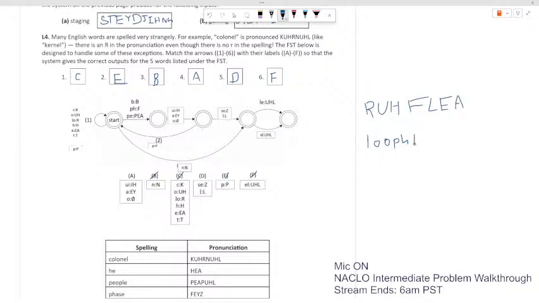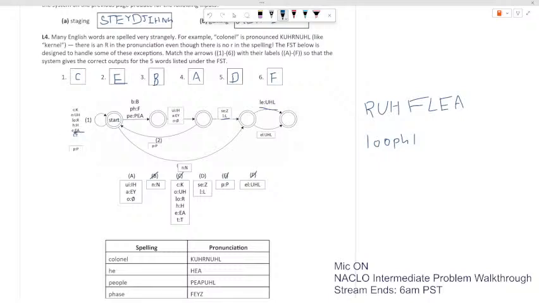L is L. And then we'd have to loofily, like, would it be... The question is, would it split it up as UHL, or would it split it up as L, then EA?